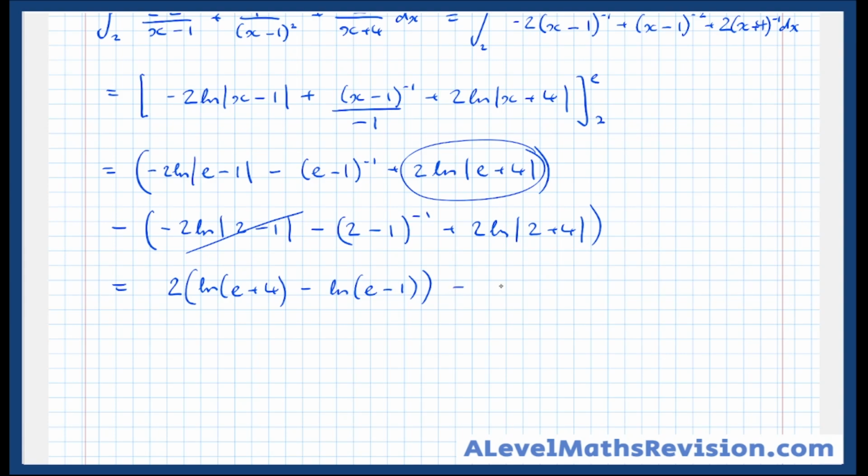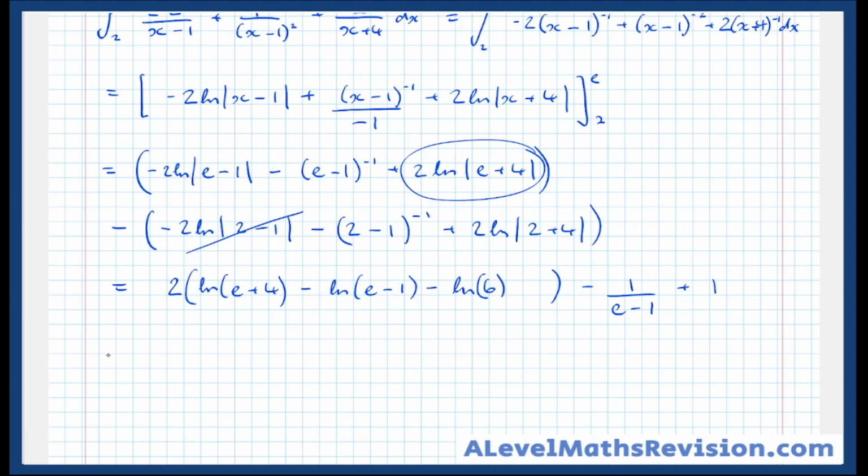Then we've got minus 1 over e minus 1. Then we've got a double minus, so a plus (2 minus 1) to the minus 1, which is 1. And looking at this here, we've got to take 2 log 6. So actually this here, I'm going to extend this bracket because this term here can go inside the factorized bracket. So we've taken out a factor of 2 and that becomes log 6, like that.